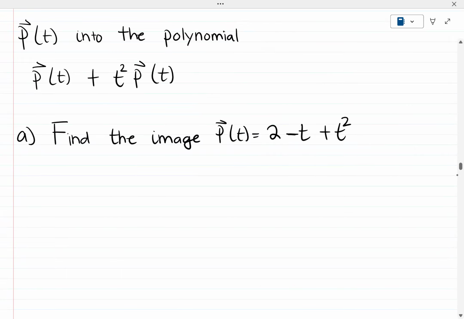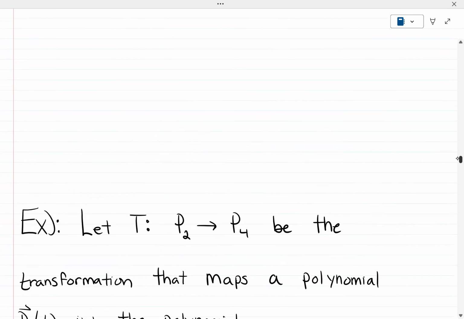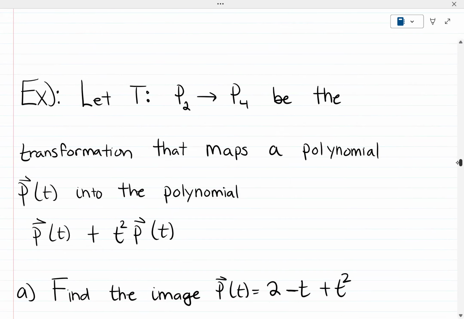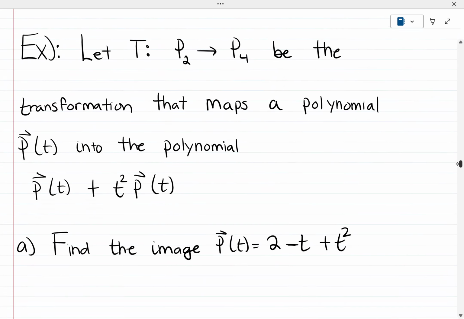So let's do this one. Look at this example. Let T from P2 to P4 be the transformation that maps a polynomial P of t into the polynomial P of t plus t squared P of t. Find the image of this.